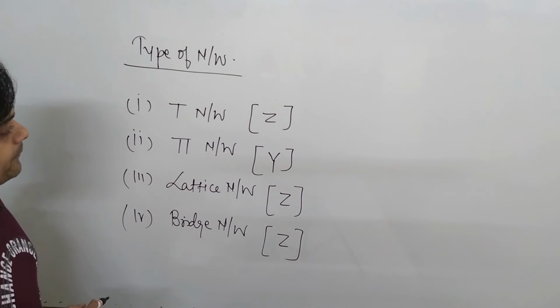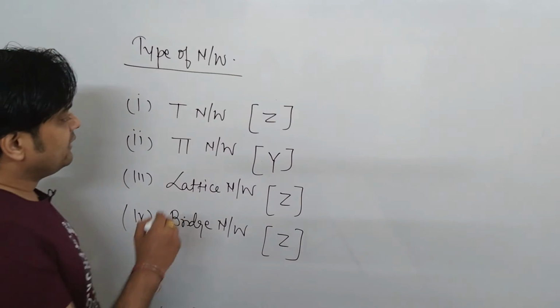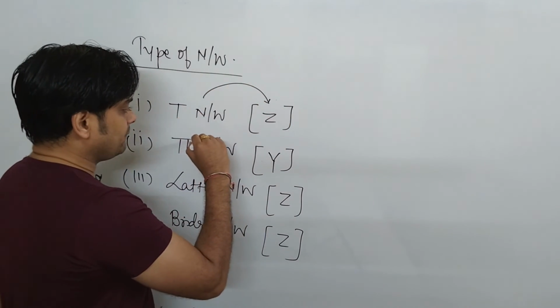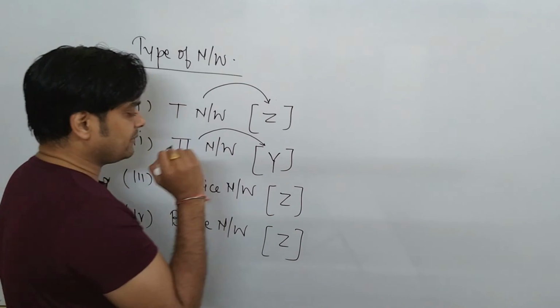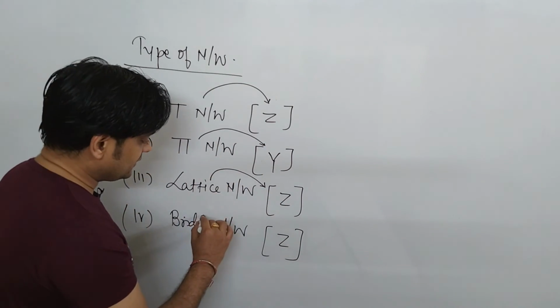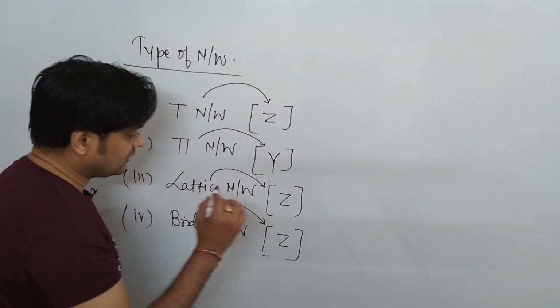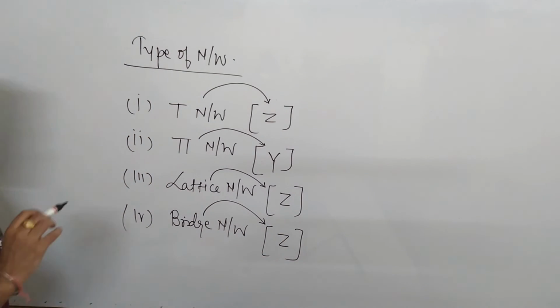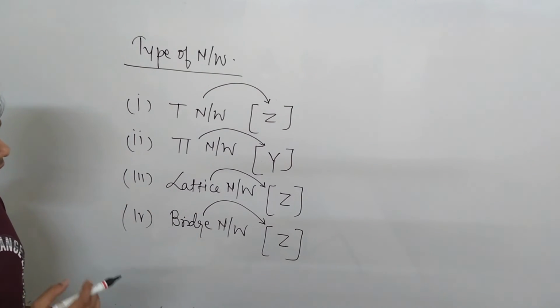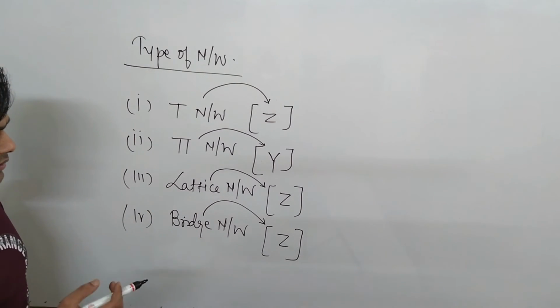That means whenever a T network is there, you can easily find Z parameters. Whenever a pi network is there, you can easily find Y parameters. When a lattice network is there, you can easily find Z parameters, and when a bridge network is there, you can easily find Z parameters. As I said earlier, you can find Y, H, G also.